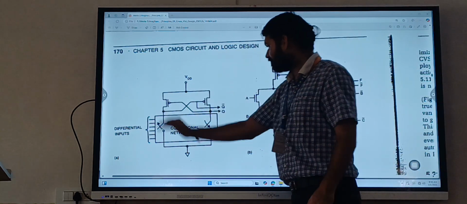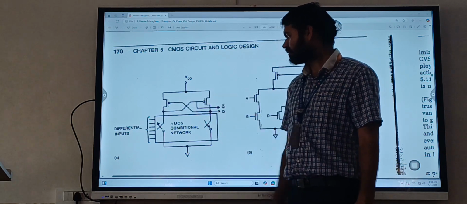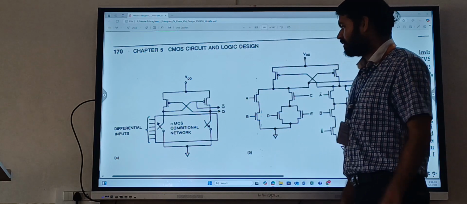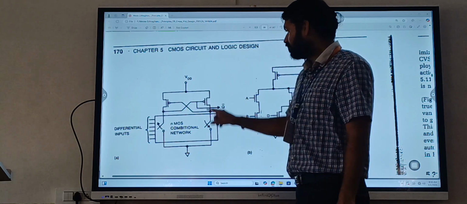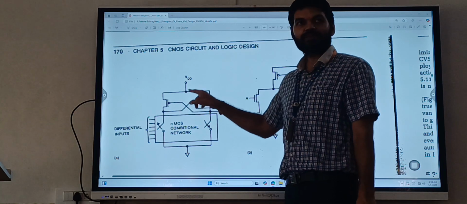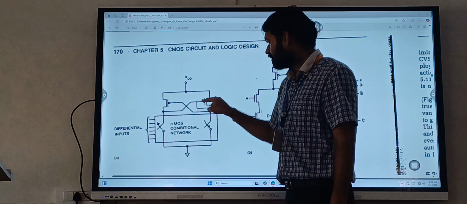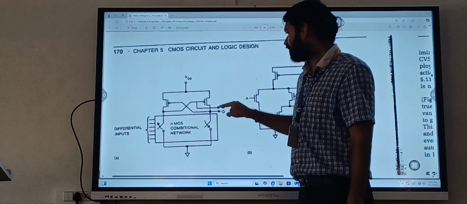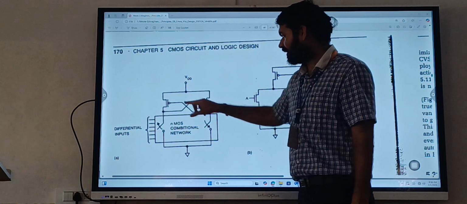The general diagram says that we use two PMOS, and the gates of these two PMOS are driven by the output of the circuit. This gate is connected to one of the outputs, and the other gate is connected to the other output.